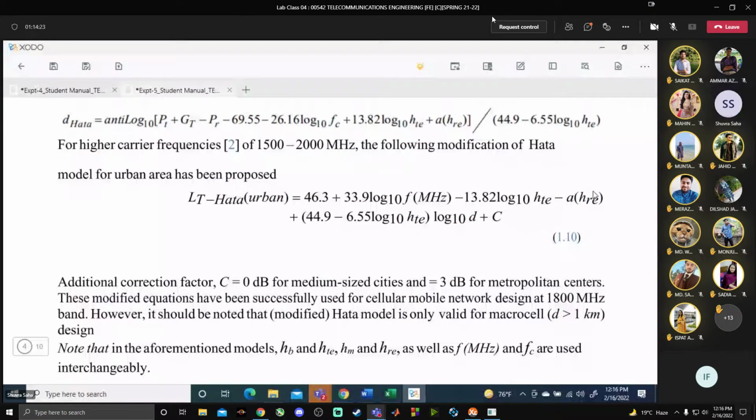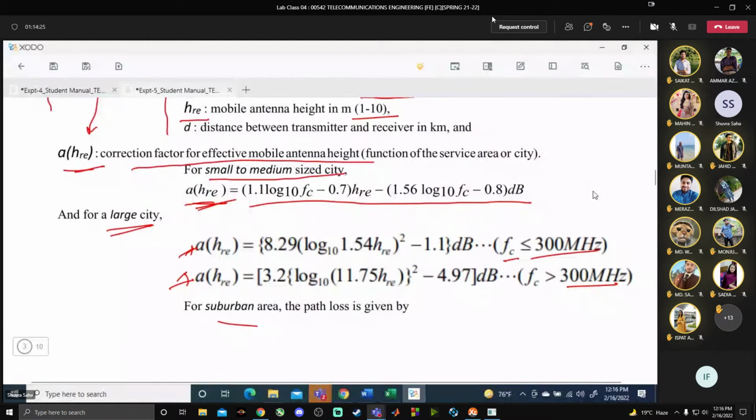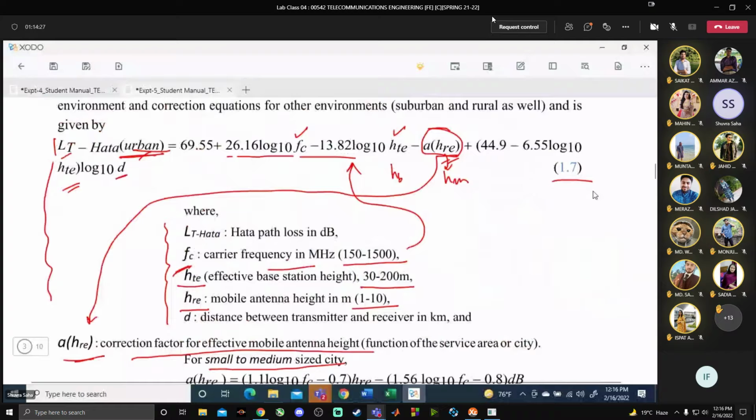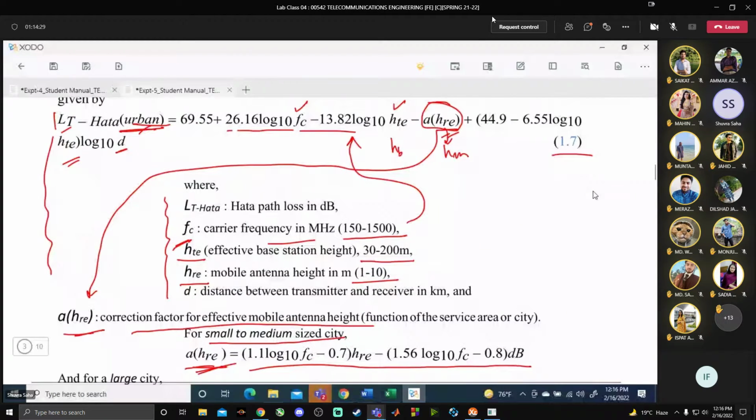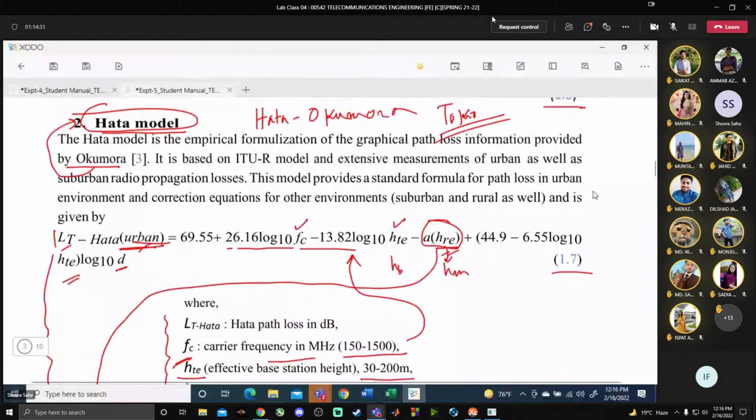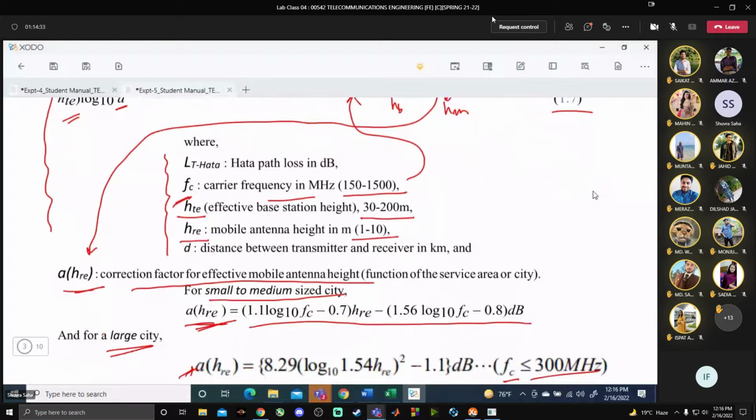loss. But the thing is that in these models, the maximum frequency that you can operate in is 1500 megahertz. But in many mobile communication systems later on, we have increased the frequency of operation. Like we have in GSM, initially we had 900 megahertz.